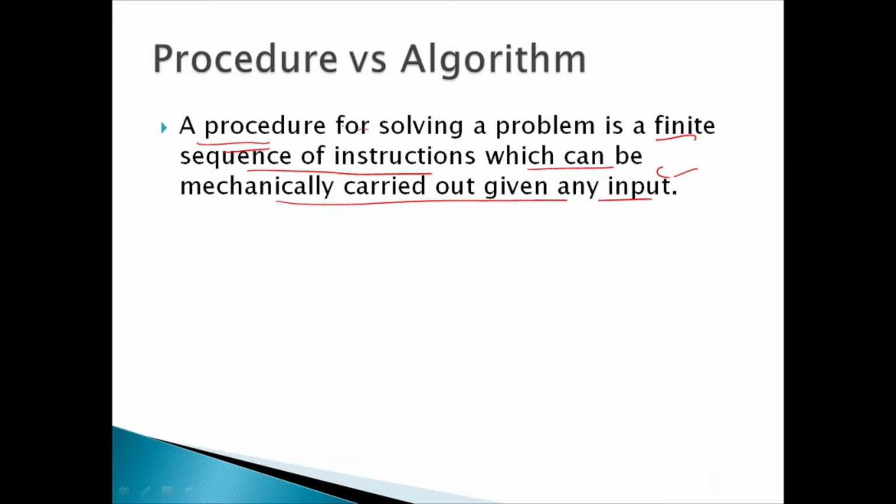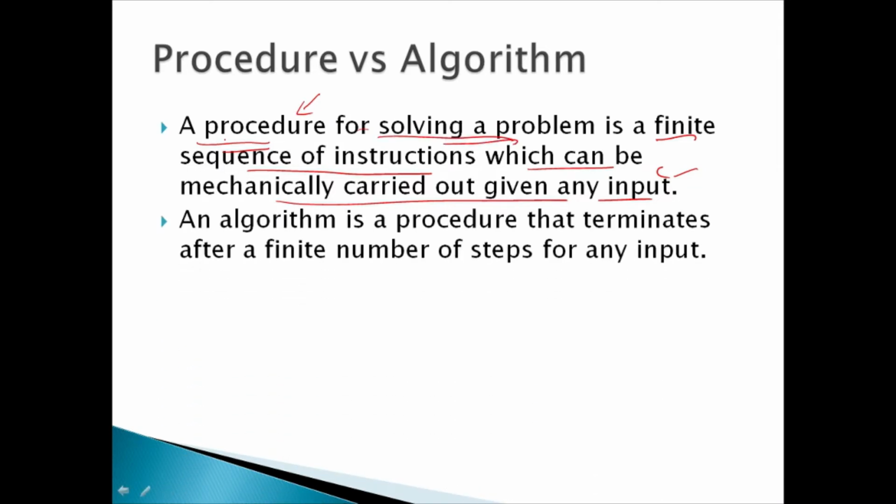So we have to talk about a procedure for solving a problem. Now, an algorithm is a procedure that terminates after a finite number of steps for any input. Here, termination is important when we talk about an algorithm.